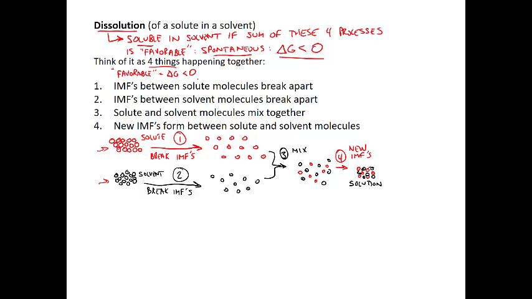Well, let's imagine you're going to break up the intermolecular forces between solute molecules. Well, typically, that's going to be unfavorable, right? Because you have to break up intermolecular forces. Same thing for the solvent.